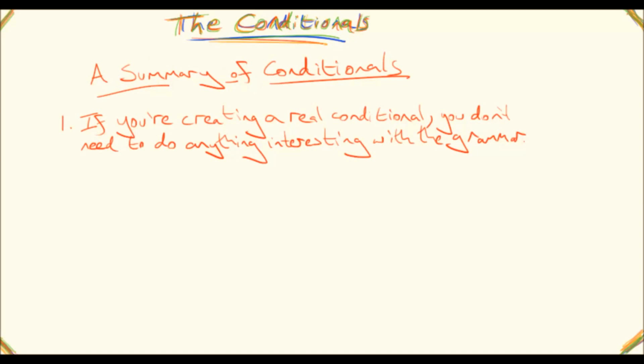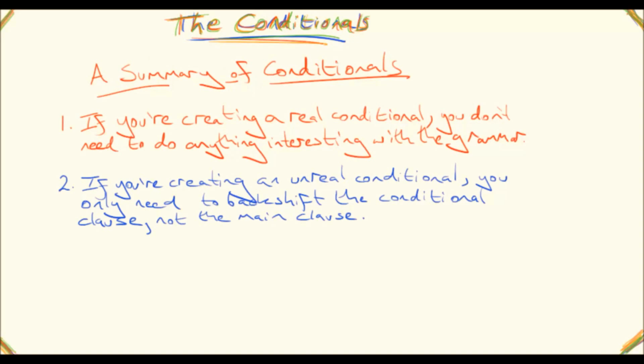Nothing backshifts. If you're talking about the future, use the future. If you're talking about the past, use the past. There's nothing interesting that happens there, even to the extent, as I said earlier, that I would argue that real conditionals are not even really conditionals. They're just time clauses with standard main clauses.